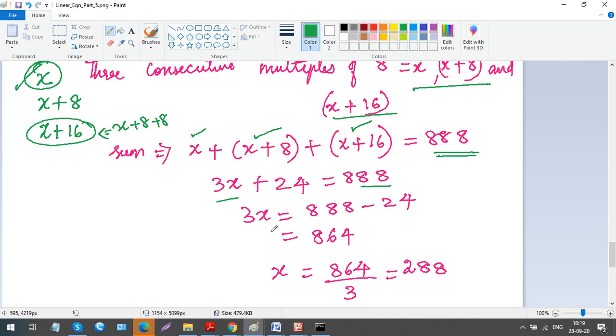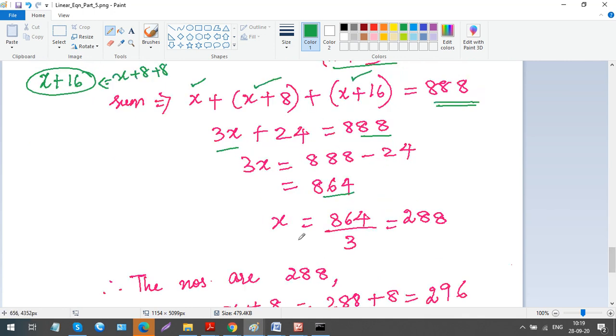Okay, so now this 3x is equal to 888 minus 24, which is equal to 864, after subtraction. Now you find out the x. x is equal to 864 divided by 3, which is equal to 288. Okay, so the first multiple x is actually 288.